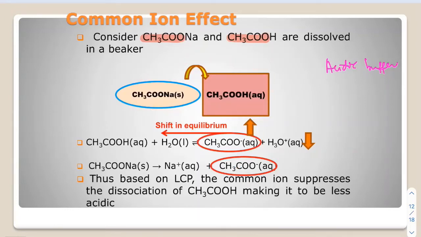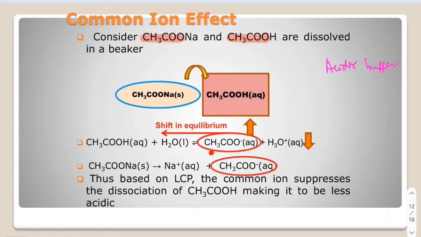According to Le Chatelier's principle, the common ion suppresses the dissociation of acetic acid, making it less acidic. When acetic acid is added with sodium acetate, we are adding more acetate ion into the system, so the acetate concentration increases.